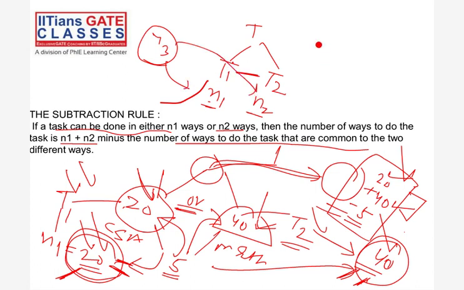Then our final answer will be n1 plus n2 minus n3. Why are we subtracting n3? Because we have counted those n3 cases here also and here also, so we have counted them twice. That's why we are subtracting them once. So this is our subtraction principle, a very easy principle.